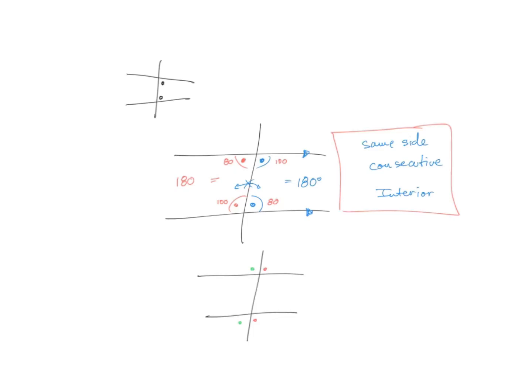And then the last one I want to talk about: if you look at these angle relationships and you have these parallel lines again, you have locations like top right, bottom right, top left, bottom left, right?